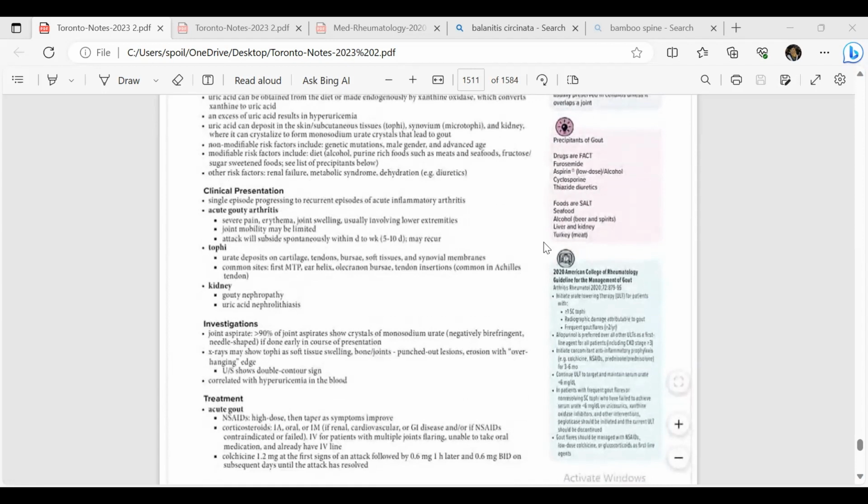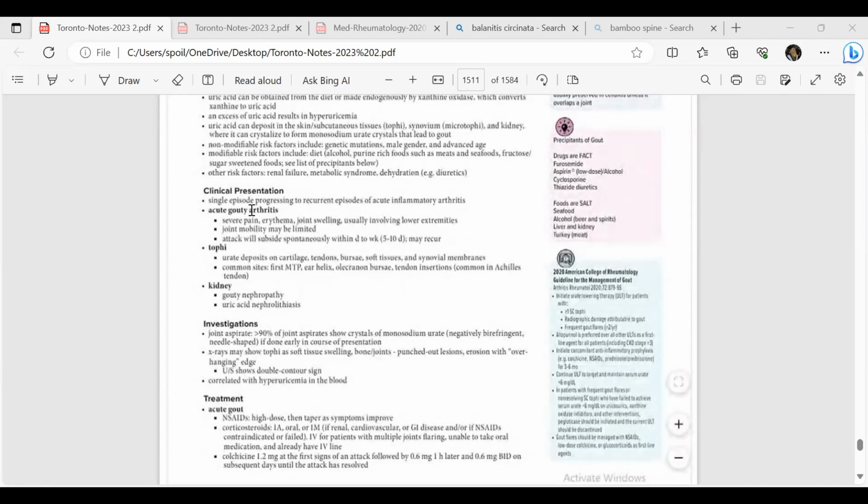Foods are salt, seafood, alcohol, liver, kidney, and turkey. These are the foods we have to avoid, and the drugs associated with gout are furosemide, aspirin, cyclosporine, and thiazide diuretics.